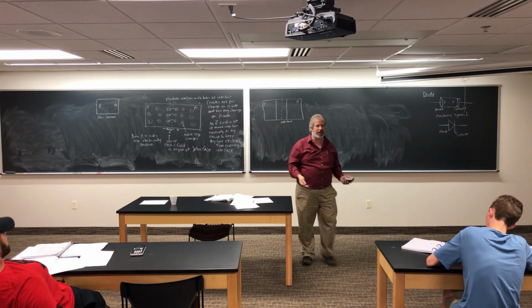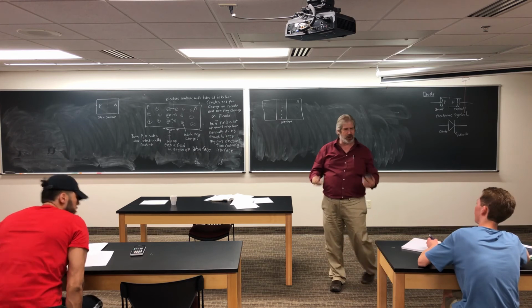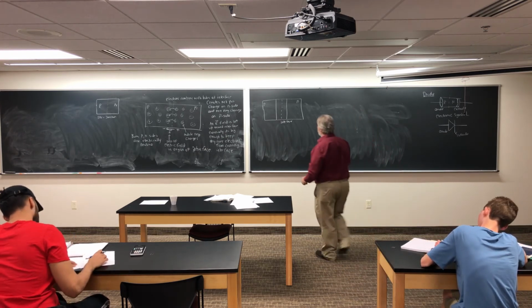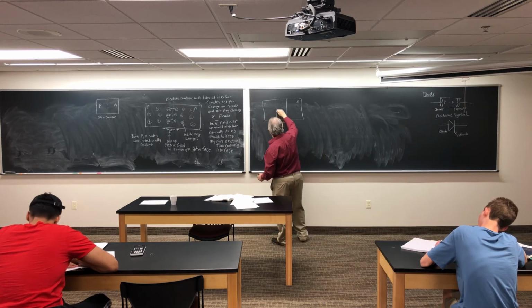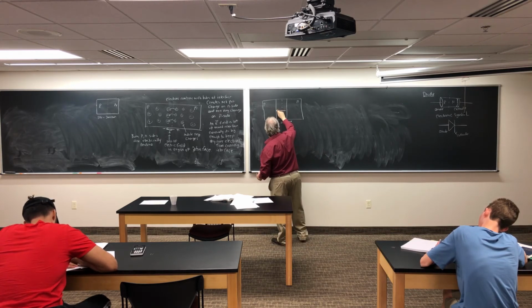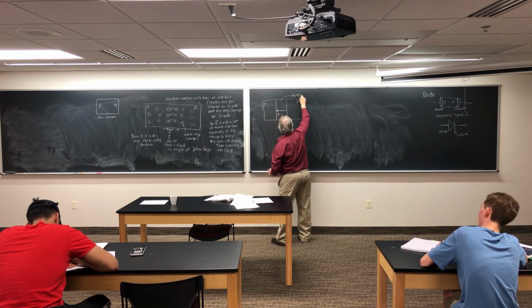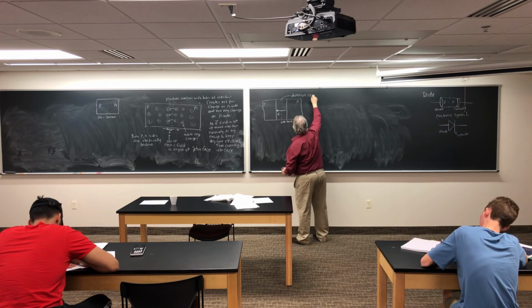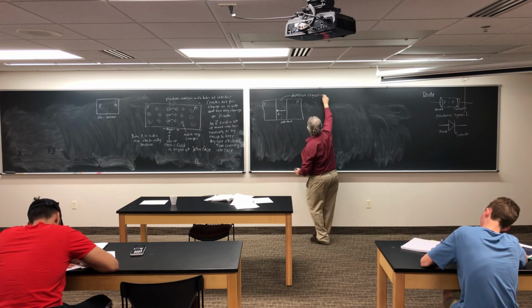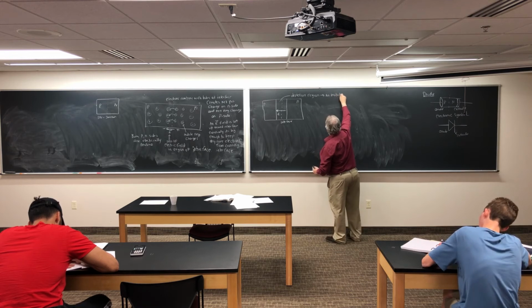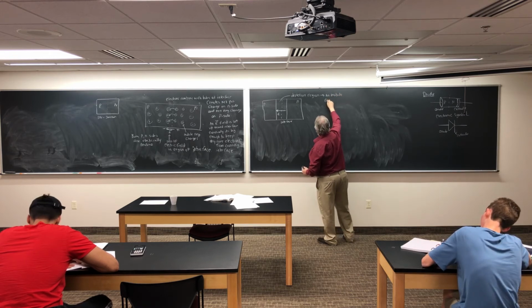There's no electrons free to move. There's no holes free to move because they've all combined, okay? And we say there's an electric field set up in here. And we call this a depletion region, meaning no mobile charge carriers.